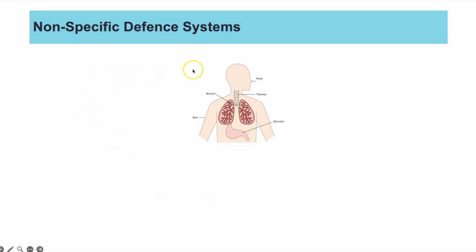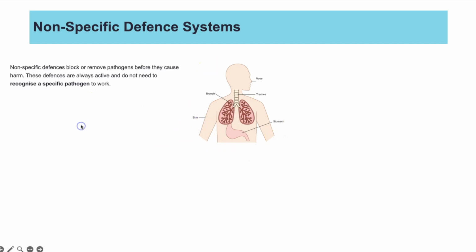So let's have a look at some of these non-specific defence systems and also the barriers you have to entry. So non-specific defences are there to block or remove pathogens before they can cause any harm to your cells and tissues. These defences are always active and you do not need to recognise the particular pathogen in order for them to work. So we can see here we've got the skin.